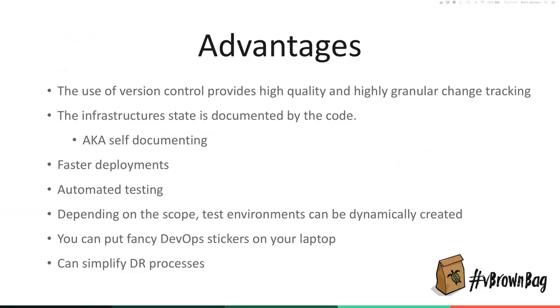Now, depending on the scope of what you're doing and what you're working on, you can have your test environments automatically built. So it will build the environment, run the tests, so run the code, and then tear it down. And there are some limitations to this.